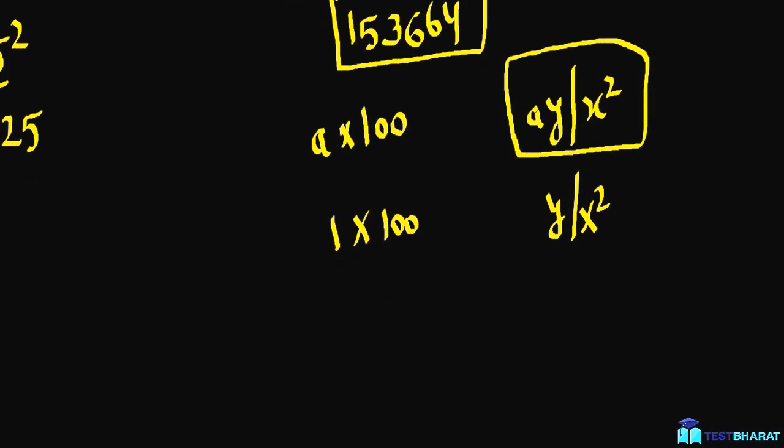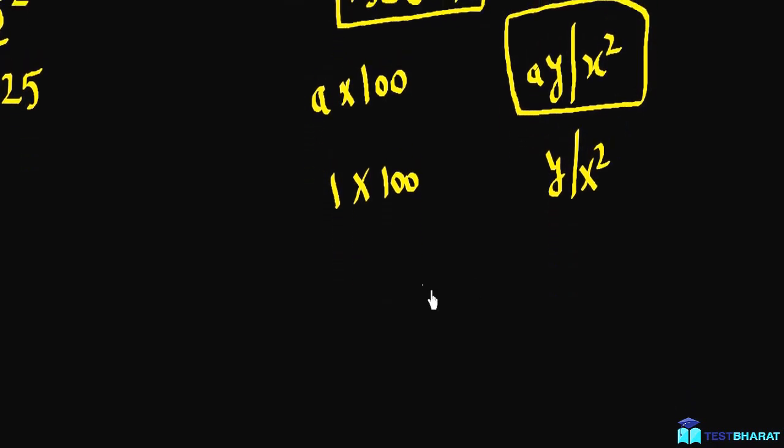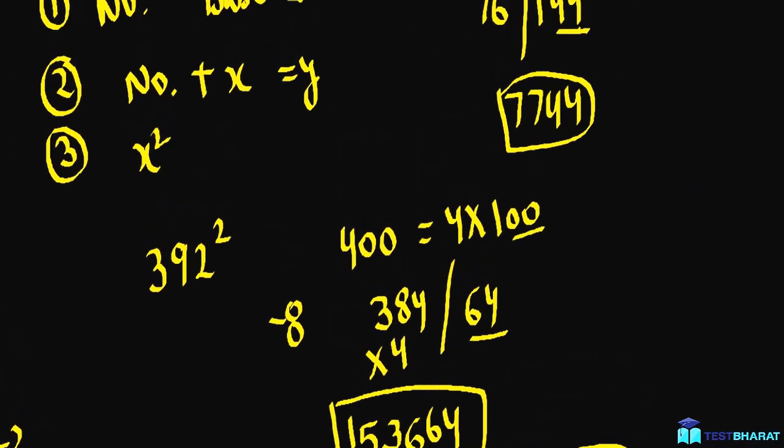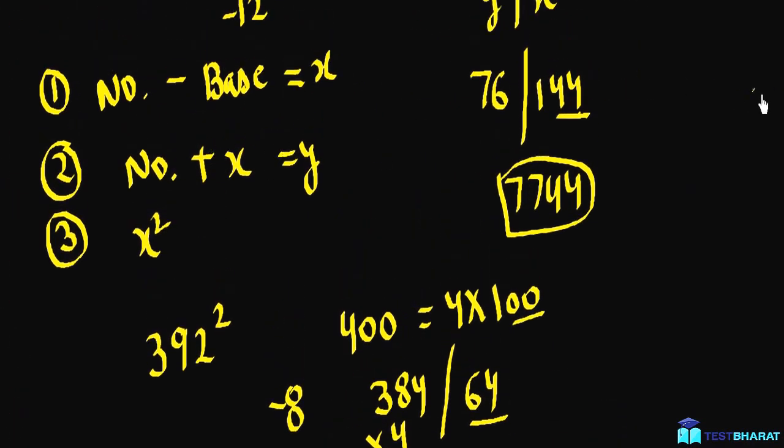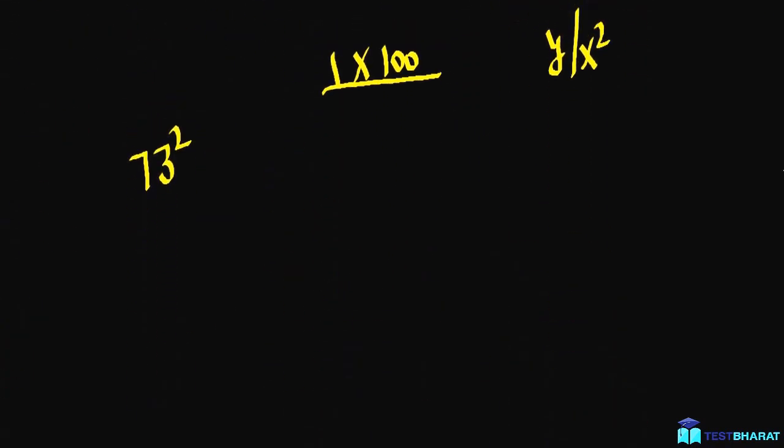Let's say we take a base of 10. Let's say we have to calculate 73 square. In this also we will perform the same steps. Number minus base is my x, and let's say I have taken the base as 70.